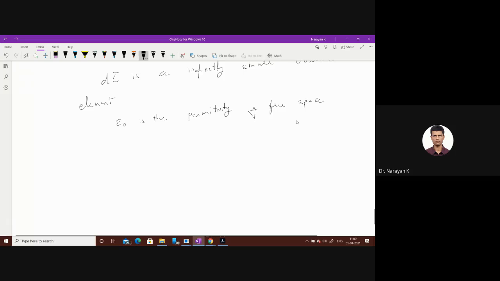Now, in our case, we have only two charges there, one plus q on top, one minus q on bottom. There are not multiple charges.